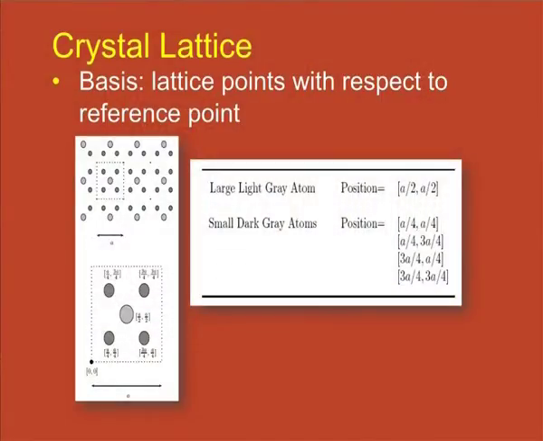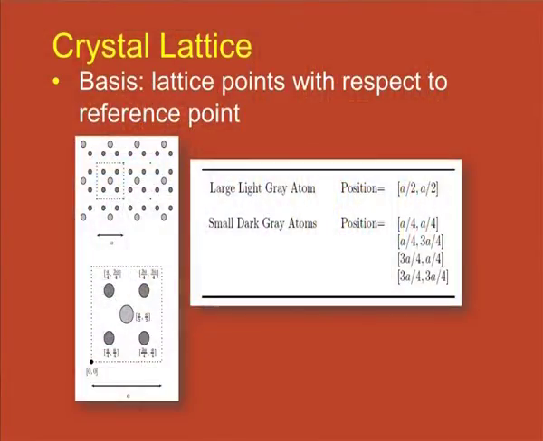Another important definition is of basis. You will most often use basis to define crystal structure, and the definition is: it is the lattice points with respect to a particular reference point in the crystal lattice. As you can see in the figure, there is a set of lattice points, and in which we are considering only a particular area which is a dotted square, and this square has a length of a.